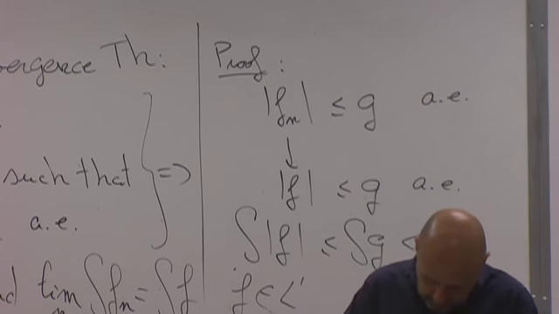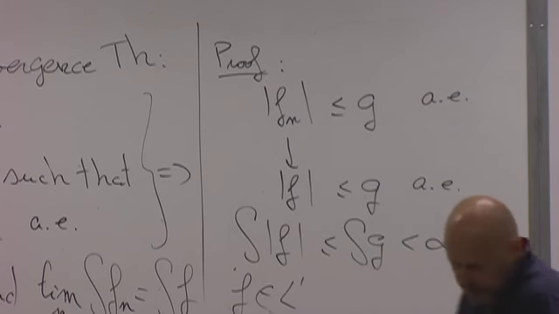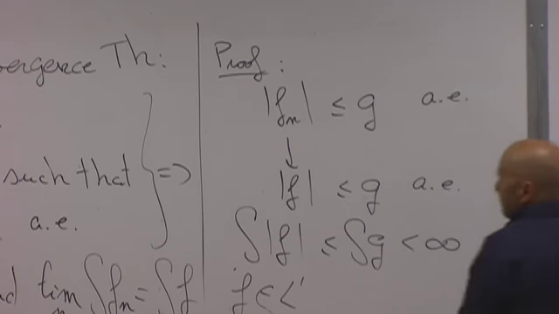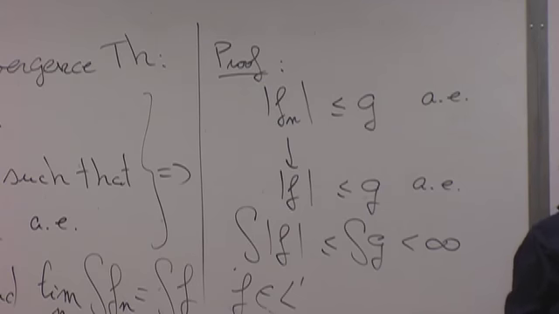We are going to look at g plus Fn. g plus Fn is a positive measurable sequence of functions, because g must be bigger than minus Fn since it's bigger than the absolute value of Fn. So this is true almost everywhere.